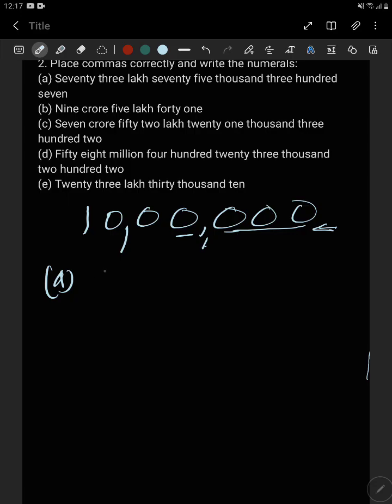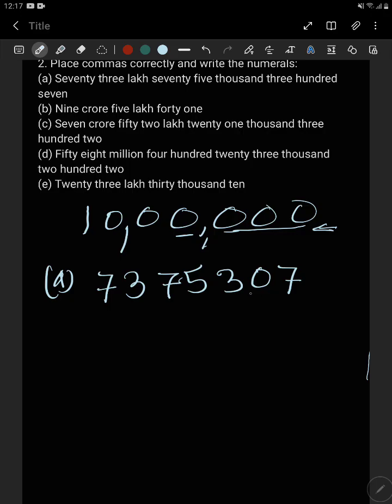So 73 lakhs, so we'll write 73, and then after lakhs it is 1000, then 75,000 is there, we'll write 75,000, and after 1000 it comes as 100, so 307. So it is 73 lakh 75,000 and 307.